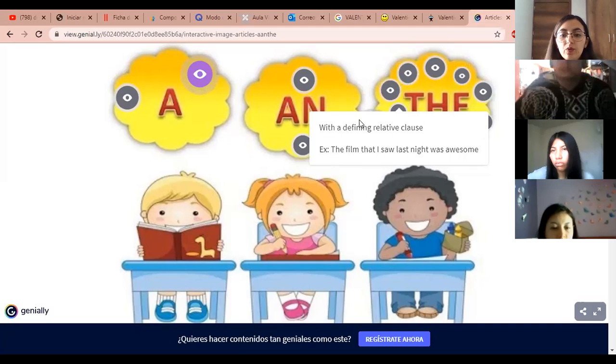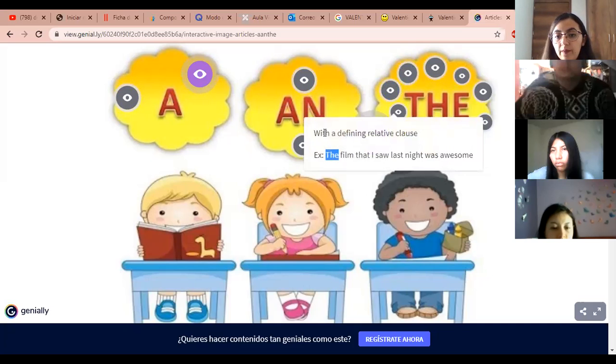Sí, en la película que yo vi, miren, aquí tenemos el que para referirnos a una cosa o a un objeto, en este caso la película, ¿sí? The film that I saw last night, la película que vi anoche estuvo asombrosa. Okay, so in some relative clauses, you're going to use also the article the. Sí, en algunas vamos a ocupar también el artículo the.